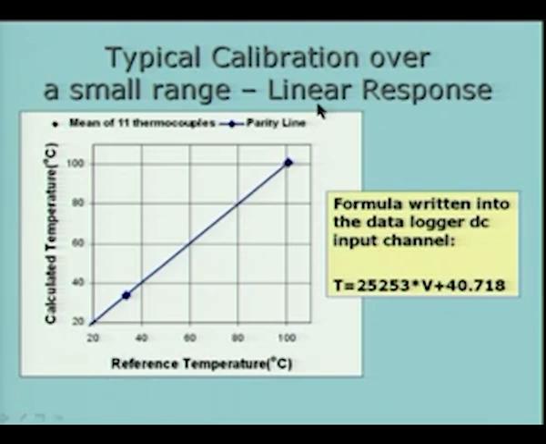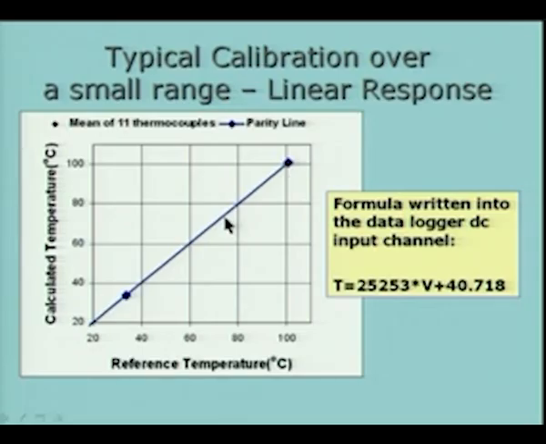In fact, we found that the linear response is pretty good, and we are talking about room temperature to about 100 degrees, that is the range, maybe a little more than 100 degrees. So, I have just shown 2 points corresponding to a low value and a high value.